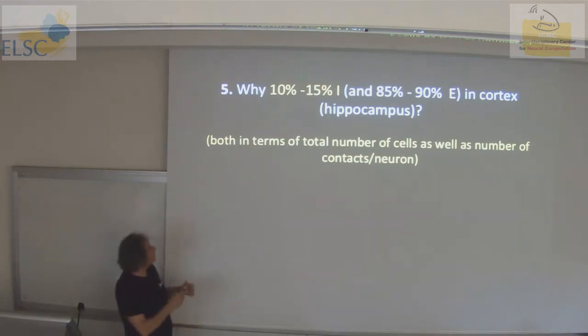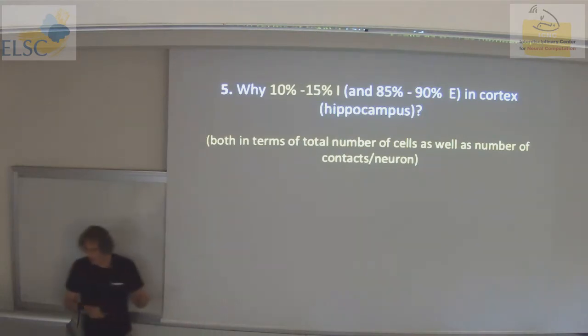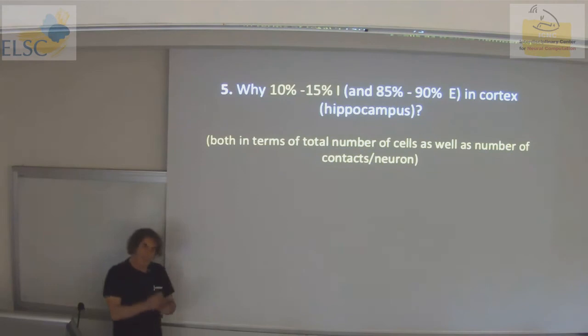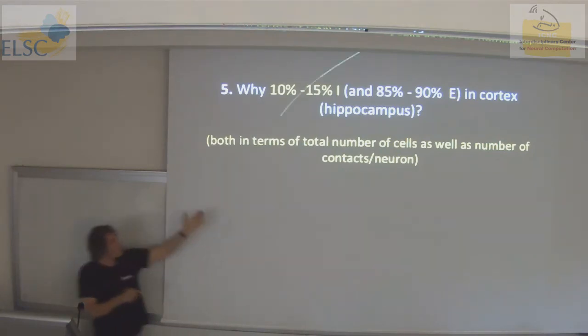This number, by the way, is getting lower with time as people are doing more and more systematic counts. It's about 10 to 12% today in the cortex of the mouse P14. I don't know what happens in humans, but now Javier De Felipe is looking at reconstructed human cells, and it's about the same percentage.